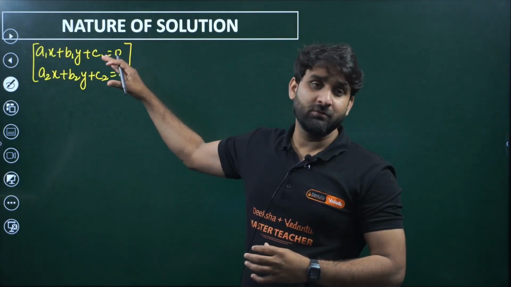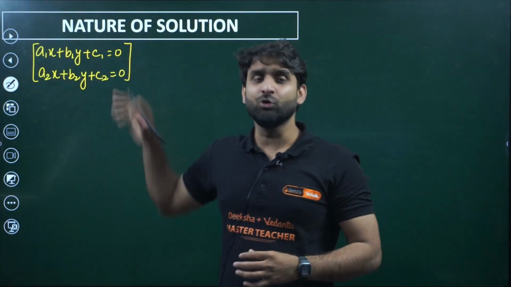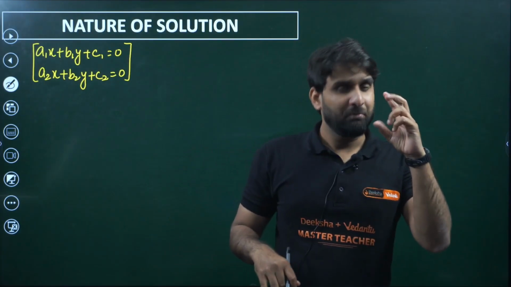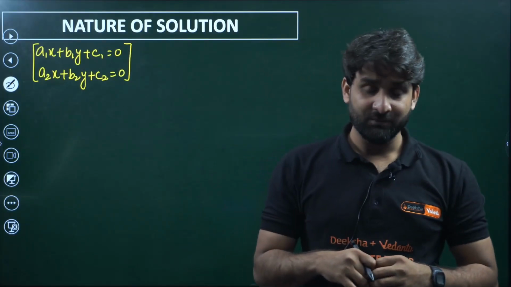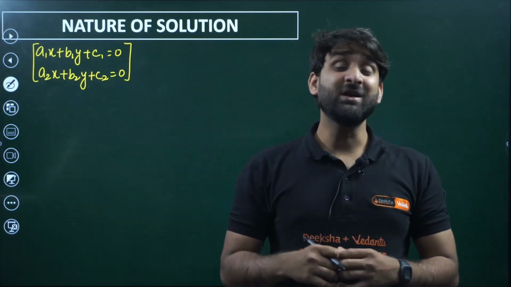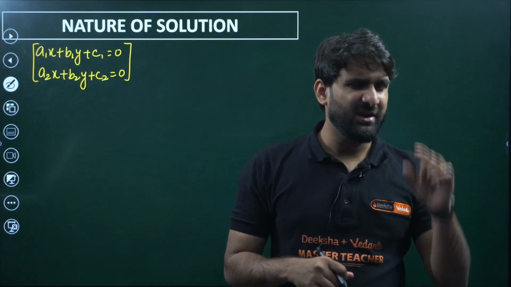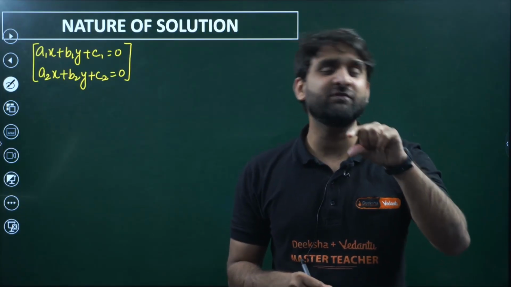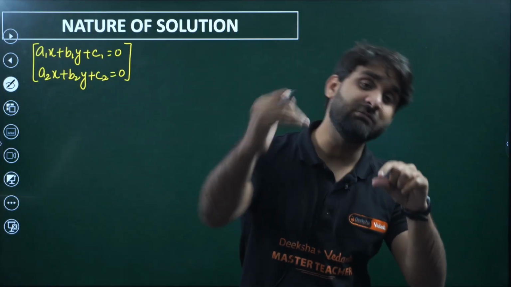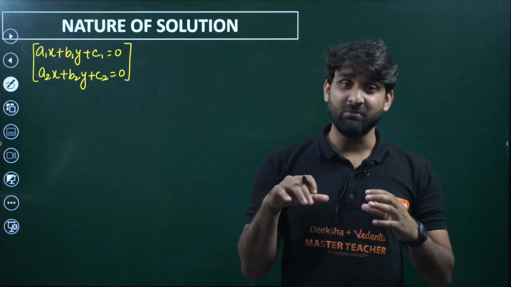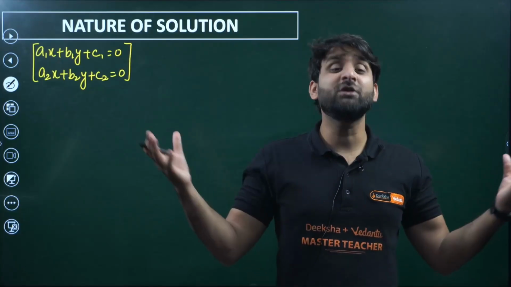When you solve a pair of linear equations in 2 variables, sometimes you get exactly one solution: exactly one value of x and one value of y which satisfy both the equations. Sometimes you get infinitely many solutions.